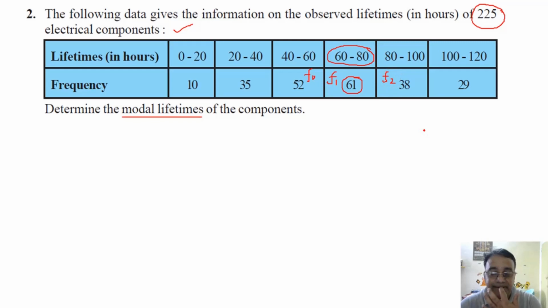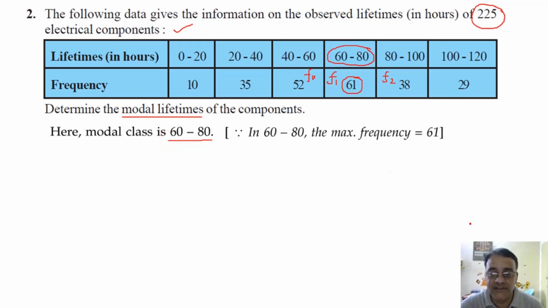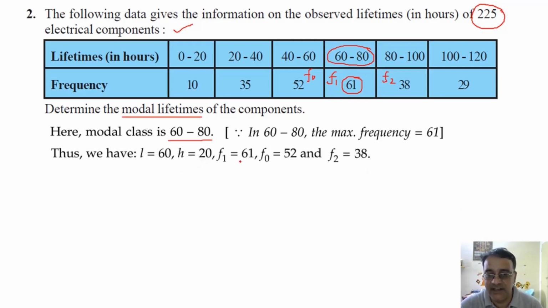What is L? 60. What is h? 20. Okay, fine. So here the modal class is 60 to 80 because this class has the maximum frequency, that is 61. The value of L is equal to 60, h is 20, F1 is 61, F0 is 52, and F2 is 38. After writing this, we have to write the formula.